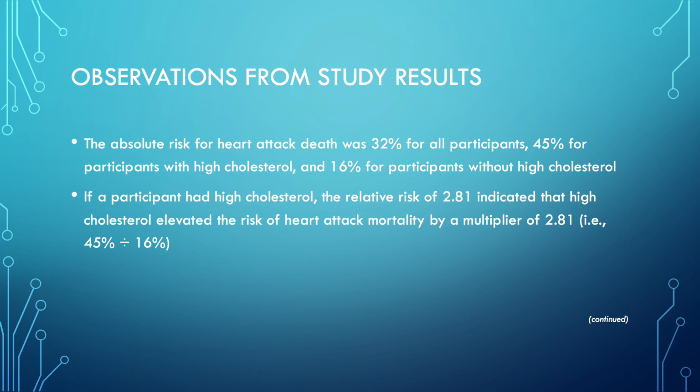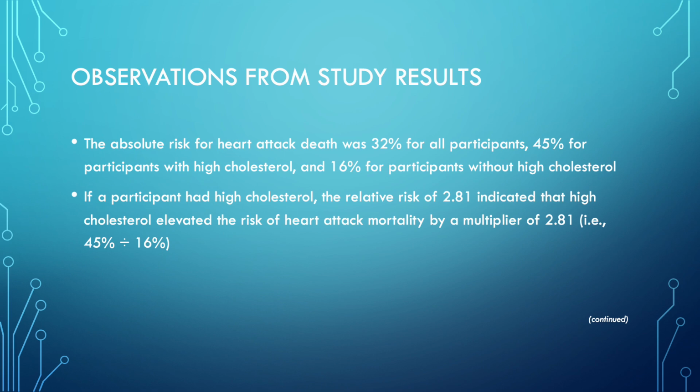Remember that these people did have a genetic history of coronary artery disease, okay? 45% was the absolute risk for participants with high cholesterol versus only 16% for the participants without high cholesterol. So just because you didn't have high cholesterol didn't necessarily mean you wouldn't die from a heart attack, but your risk was a lot lower, almost more than half.